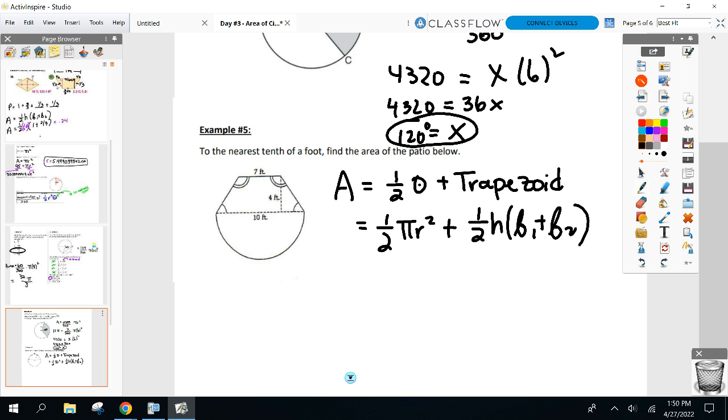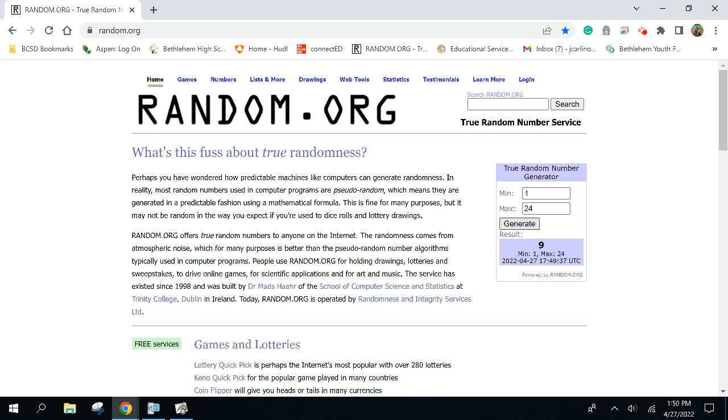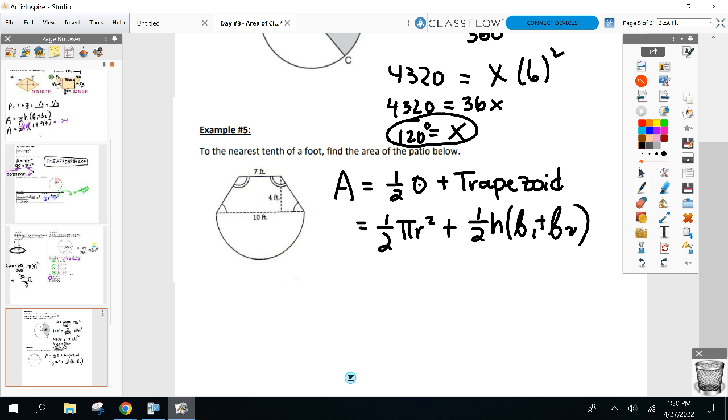Look at the figure. Tell me where I can plug those numbers in, please. Where can I plug into the formula now? Here we go. I got 7, 4, and 10 here. Where are they going? Okay, height 4.